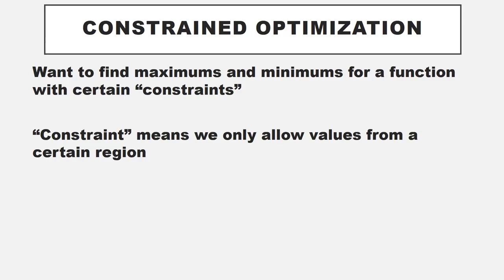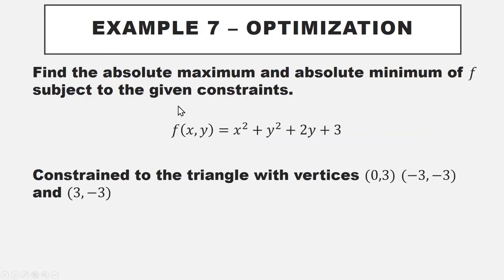So far, we've essentially had functions which are defined on all of R2. And if we want to make our region a constrained section of R2, then we can look for maximums and minimums on that section. Let's do an example of this.